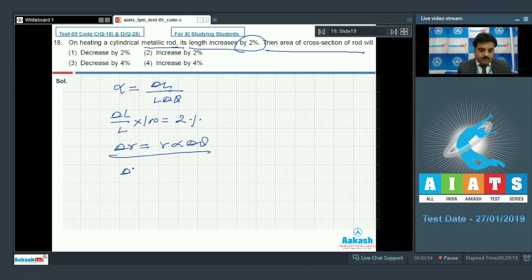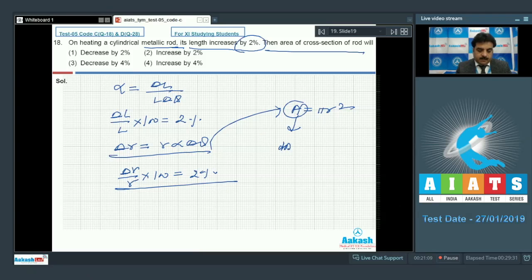So I can use delta R upon R into 100 will be 2%. By this I can calculate the area, pi R square. If I use the percentage dA over A into 100, pi is a constant value, so there will be no change.